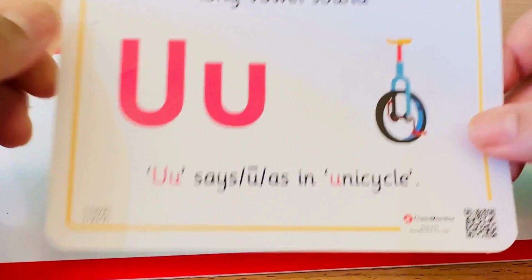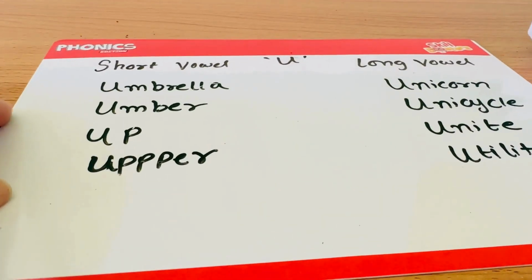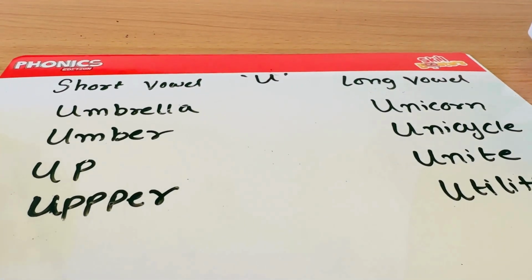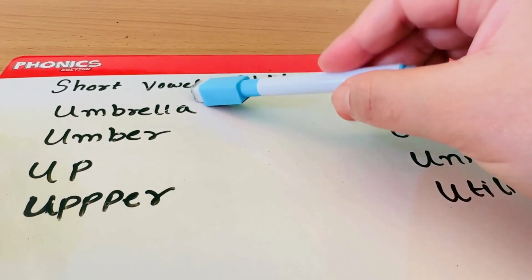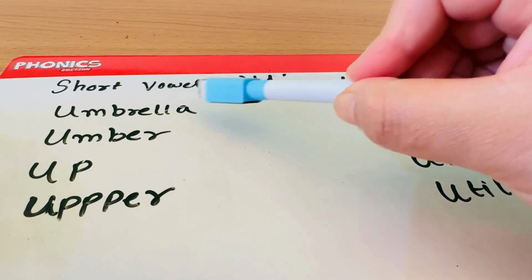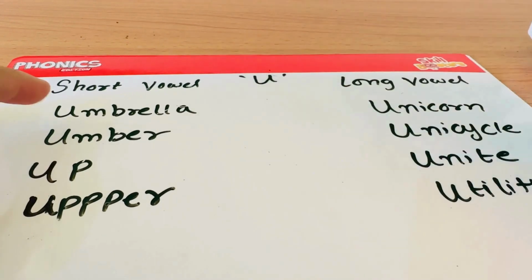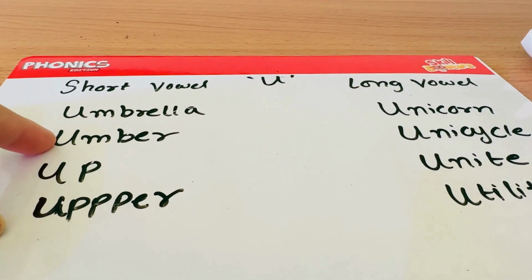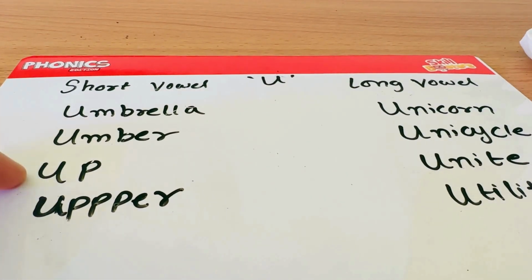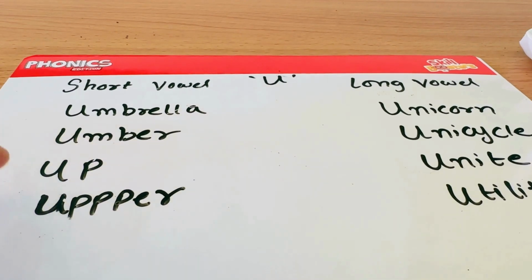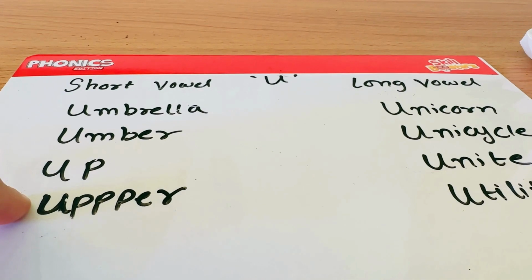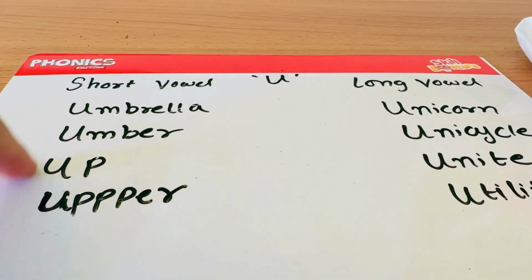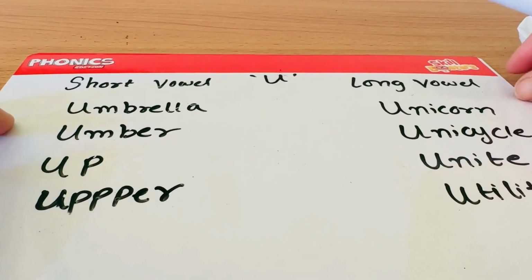Now let's look at some other examples of the short and long vowel U. The short vowel sound of letter U will be uh: umbrella, umber, up, upper. Can you feel the short sound of letter U here?